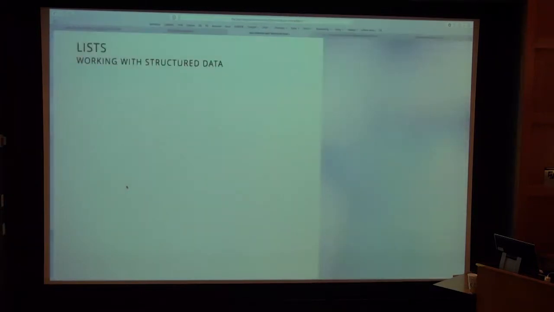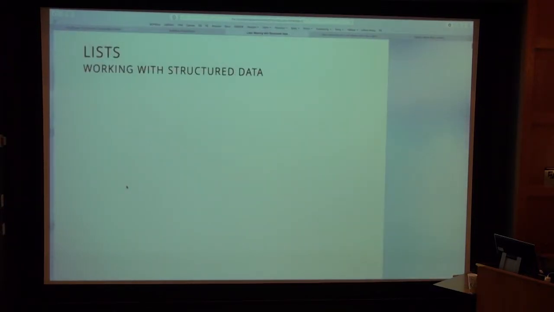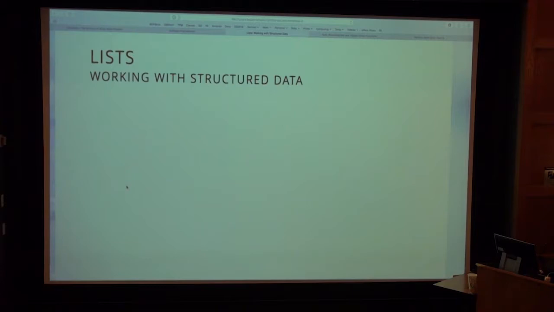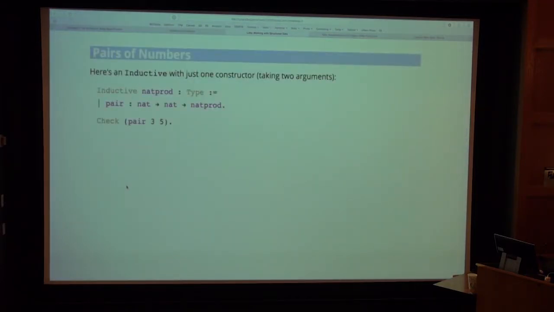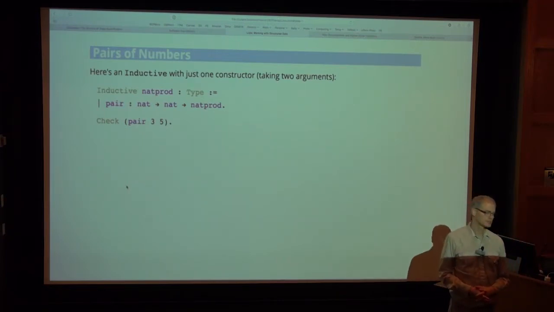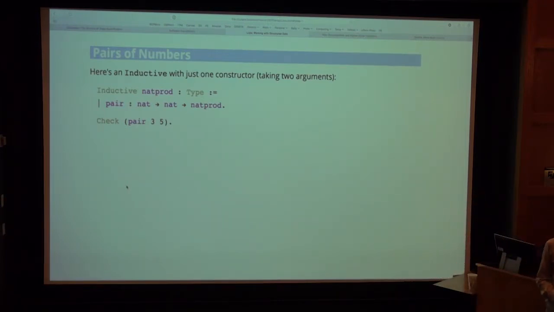Okay. Last chapter for this part of this morning is lists. So we wouldn't get very far programming in any functional programming language or any other programming language without data structures. We've seen ways of defining numbers. Here are some more interesting ways of putting together structured data.